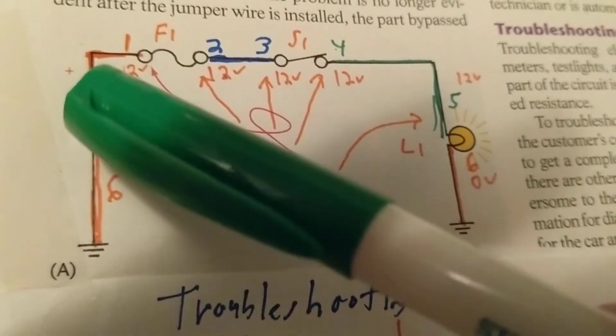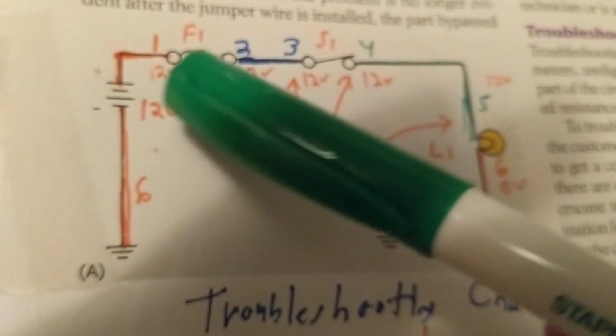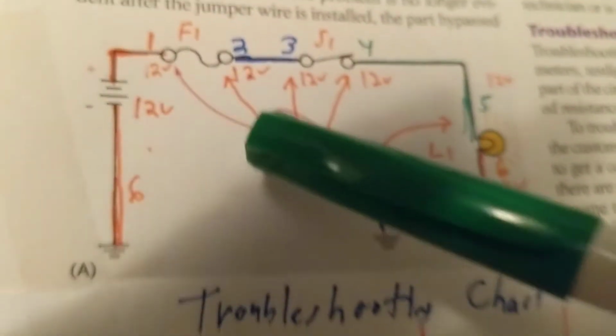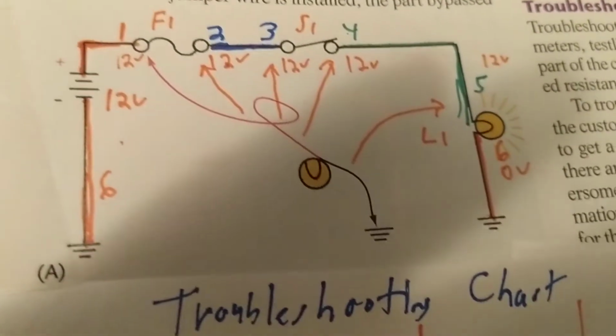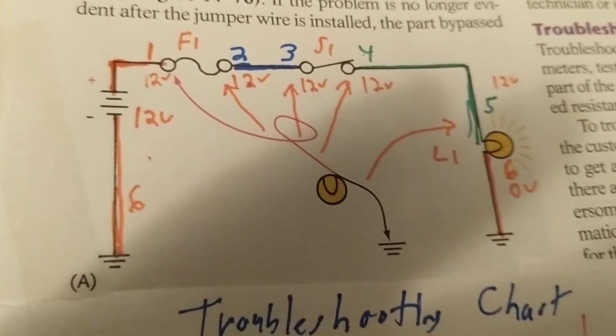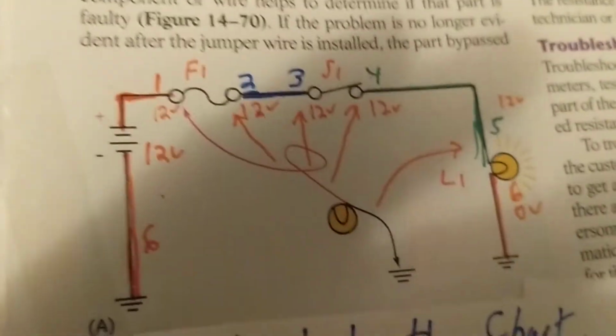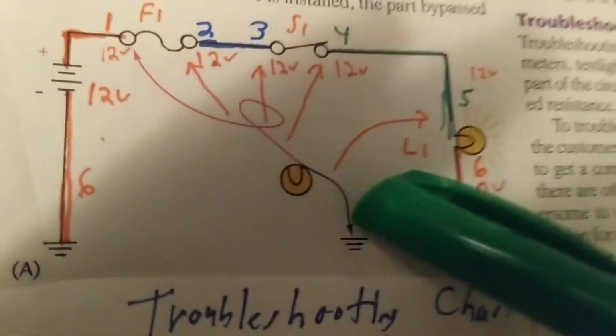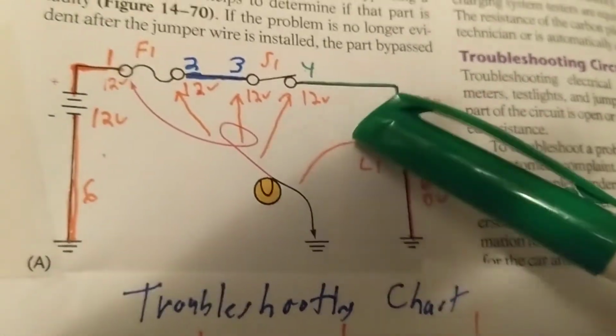Now, current will flow through the fuse. Current is the flow of electrons. In automotive schematics, I always refer to current, and there's a reason for that. Voltage is the potential between two points.